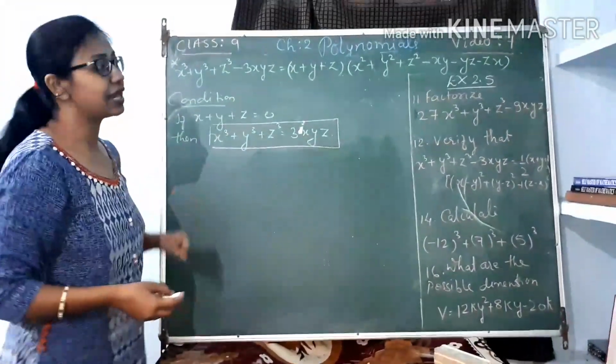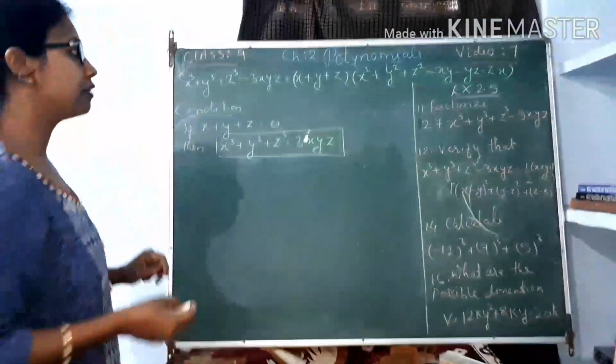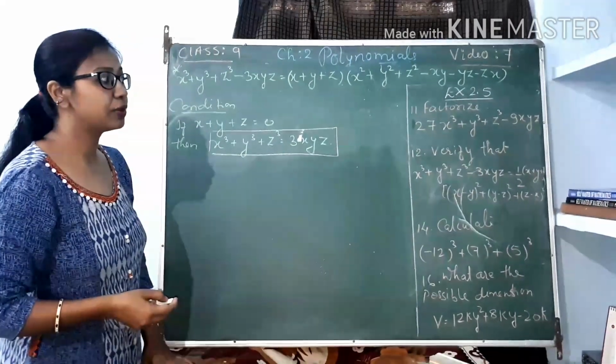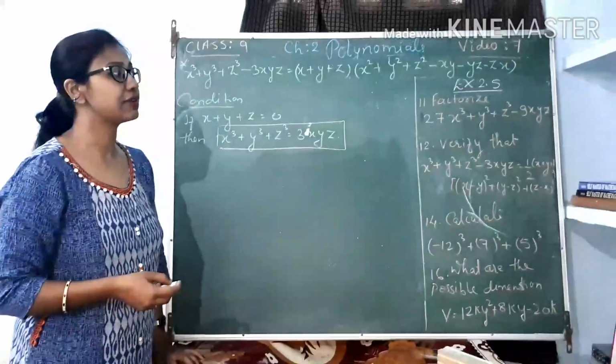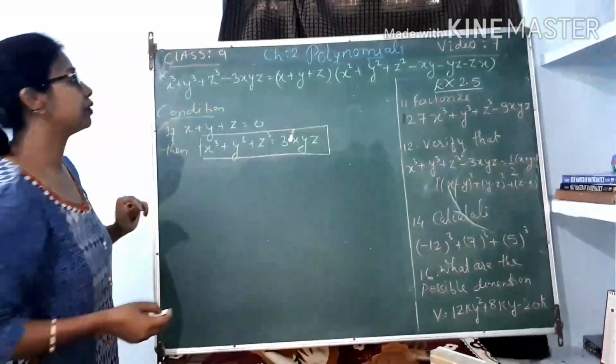Now, based on this identity, we will discuss the questions from exercise 2.5, question number 11. 27x cube plus y cube plus z cube minus 9xyz, factorize this. Compare it with this identity.